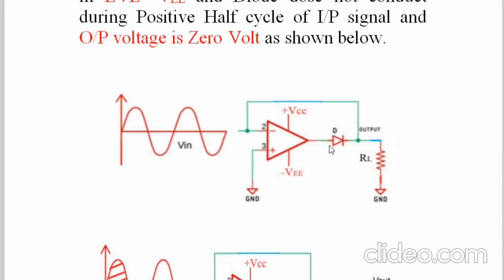That is very important to note here, because we are applying the input at the inverting terminal of the op-amp. The non-inverting input terminal is not used, connected to the ground. Therefore, the op-amp is used in inverting configuration, and the relationship between output and input in inverting mode is exactly opposite to each other. Whenever the inverting voltage is positive, the output will be negative, and whenever the inverting voltage is negative, the output is positive. So try to understand now.